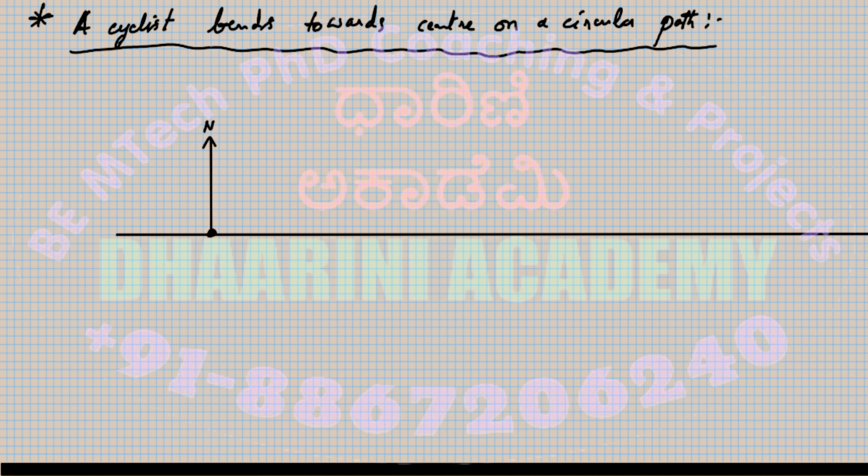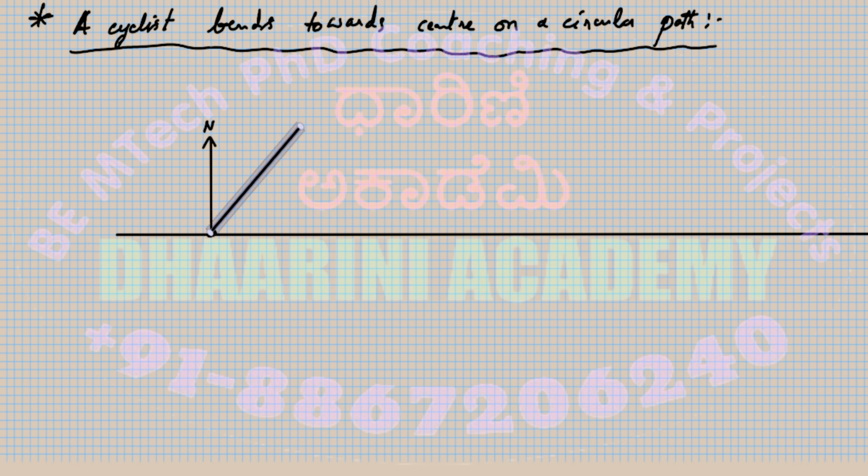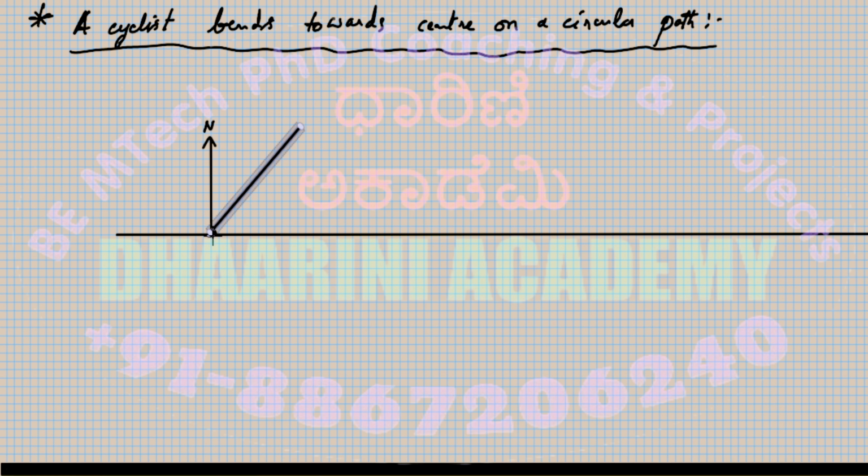Let me assume that this is the plane of the bicycle. So the bicycle is actually situated over here. Let's assume.